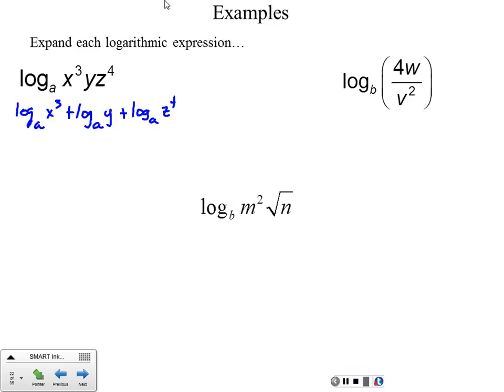Very good. You cannot have exponents in your argument. We do not want exponents in our argument. Do you remember what to do with them? Pull them around as a coefficient. So this is going to turn into 3 log base a of x. There's not a power here aside from 1, so we'll just leave it as is. And then this one's going to turn into 4 log a of z.